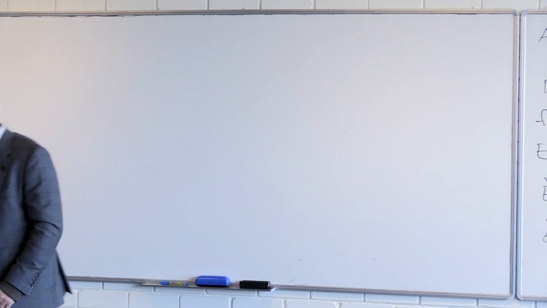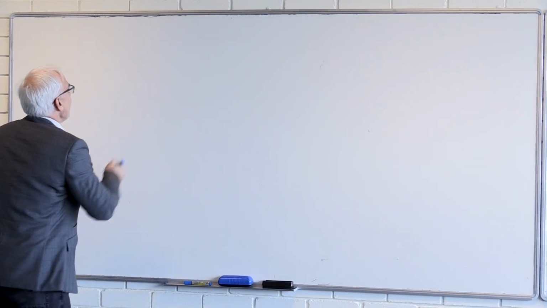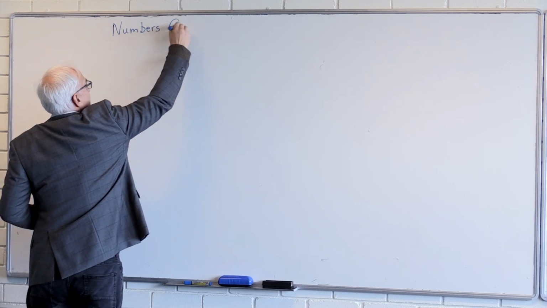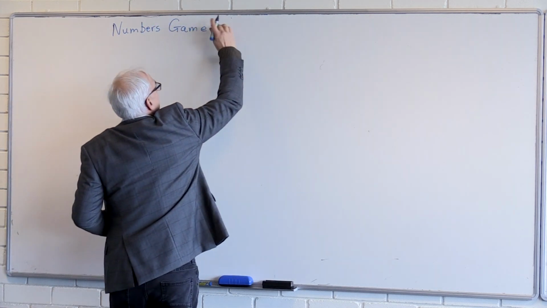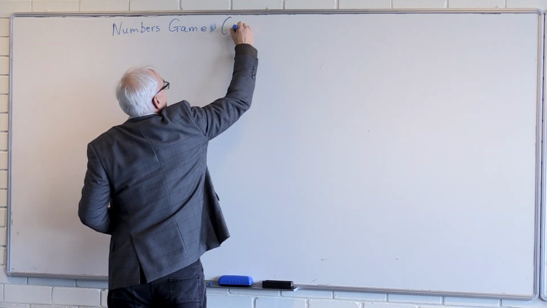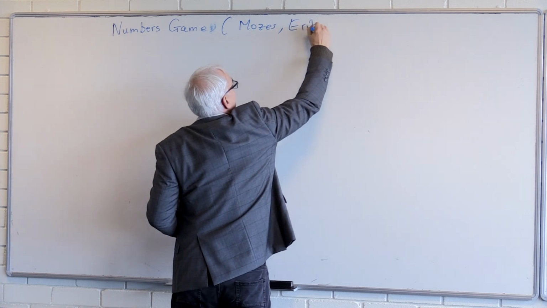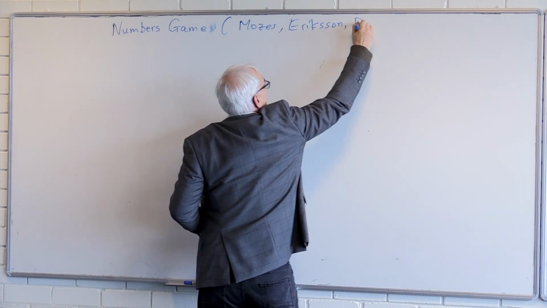The numbers game is a dual game to the mutation game. It was introduced by Mozes, and also studied extensively by Eriksson. There's also a nice paper by Donnelly on this thing.